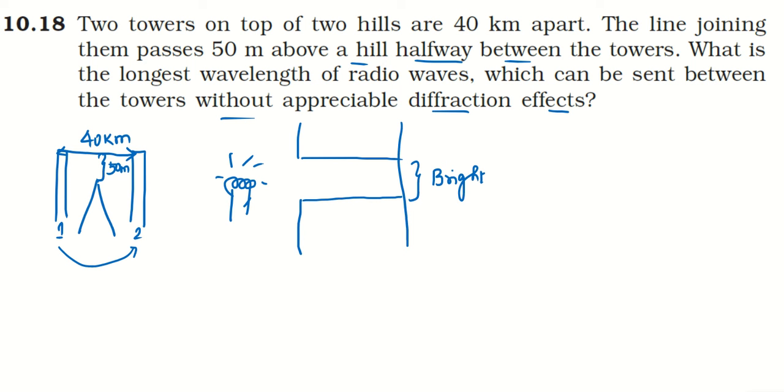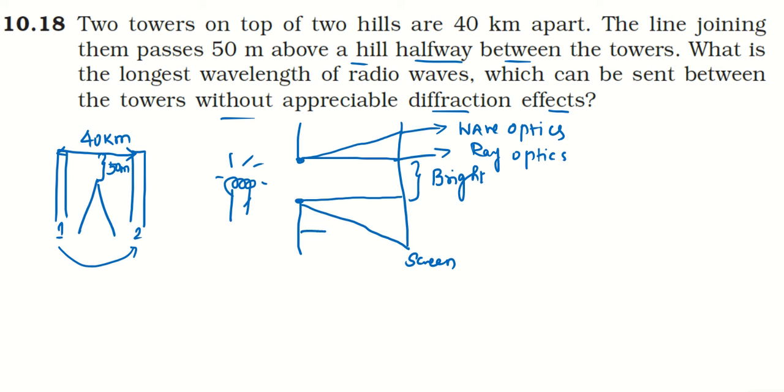But according to wave optics, light bends at these corners, and then it will have a diffraction effect, and we will have a spreading of light on the screen like this. So this is a screen. This is the spreading of the light according to wave optics, and this is according to ray optics.